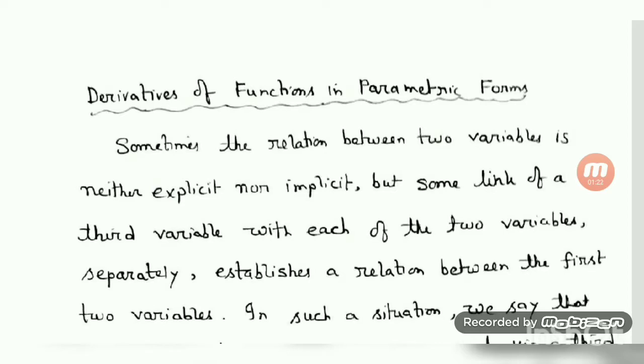Sometimes the relation between two variables is neither explicit nor implicit, but there is a link of a third variable with each of the two variables separately. Hope you understand the meaning.